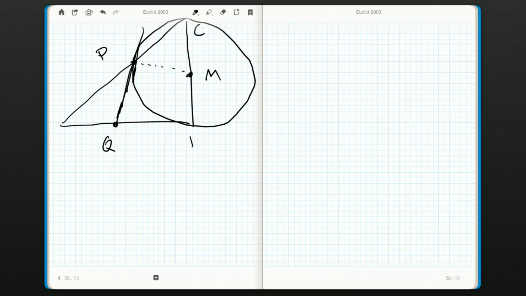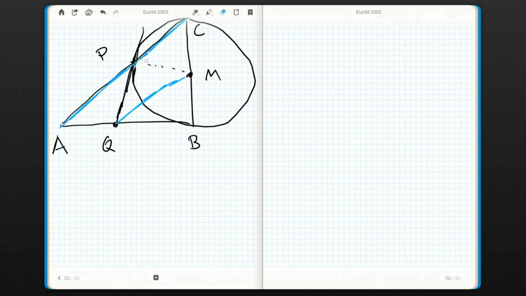But I want to finish labeling this and saying, okay, QM. I'll use blue for that one. I want to show that that's parallel to AC. So one way I could do it is maybe drop a point here and show that these are right angles. I think that would do it.